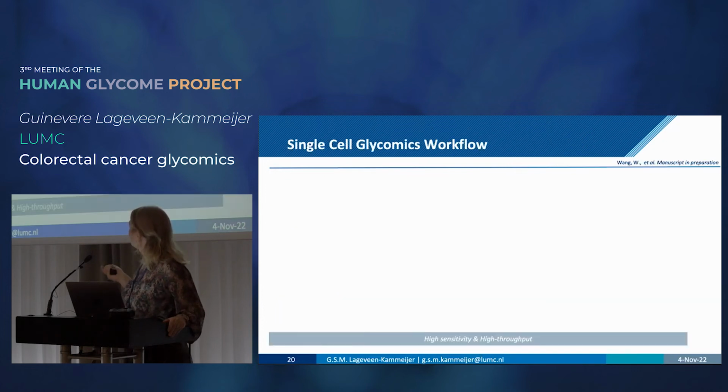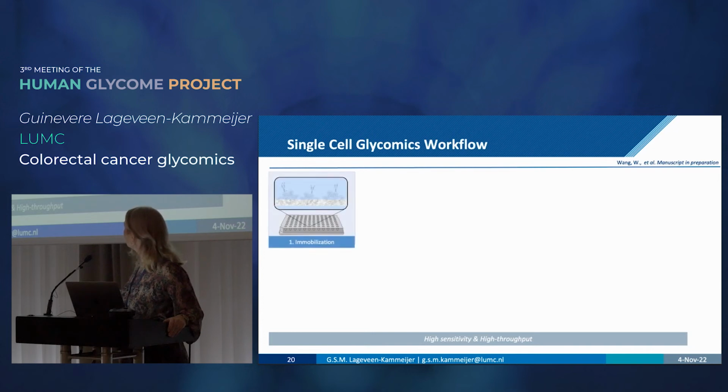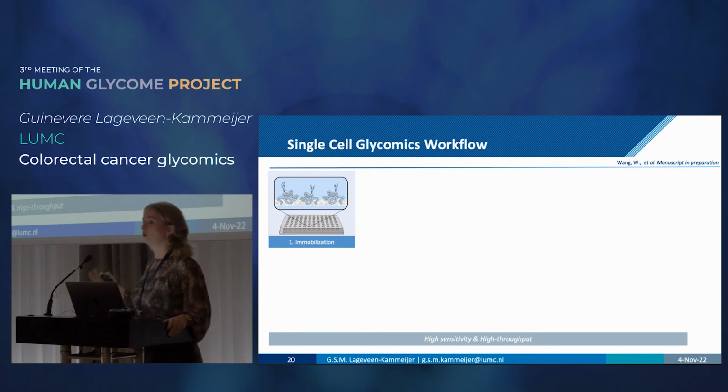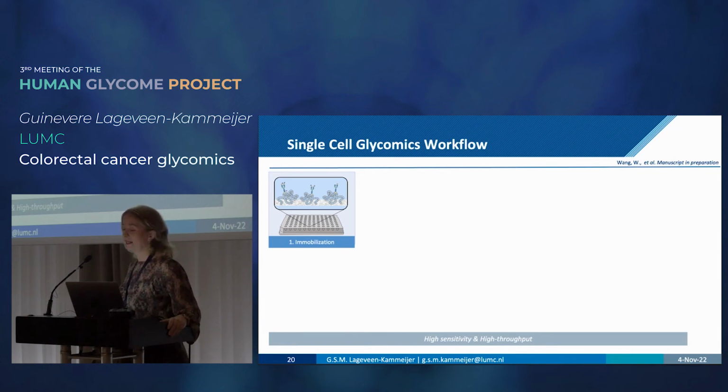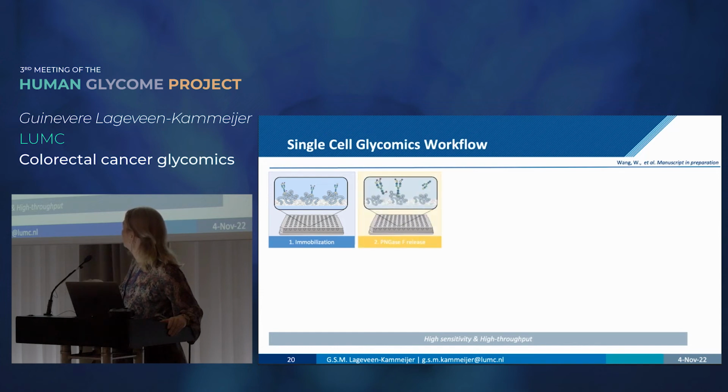So for this purpose, we have developed a single-cell glycomics workflow. Just to explore what we can do and how far we can go, we used a cell line, with different amounts of cells. First we lysed the cells and immobilized them on the PVDF membrane. Then we released the N-glycans.